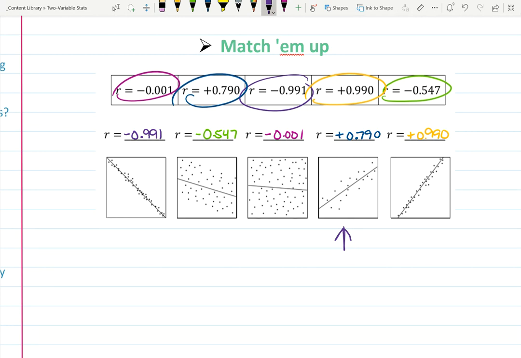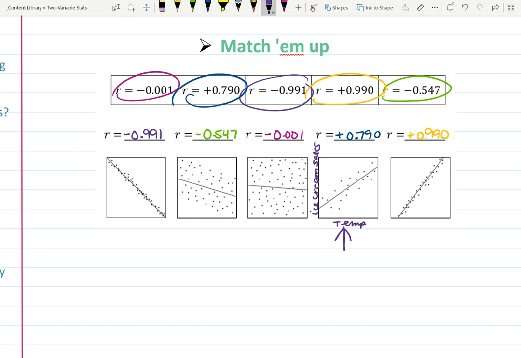Let's say our x-axis is temperature and our y-axis is ice cream sales. This is saying as our temperature rises, ice cream sales are also increasing. That makes sense.